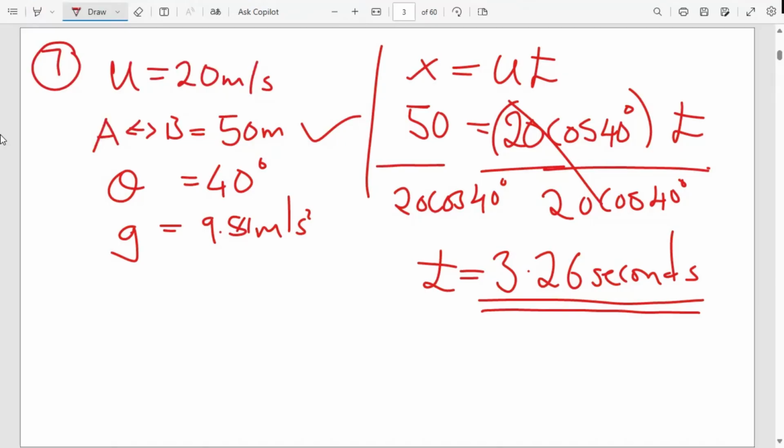So time applies in both the x and the y axis of motion. We can now use this same value of time to calculate the vertical displacement that this projectile is going to travel before exhausting this time frame that we've calculated. Which formula are we going to use?